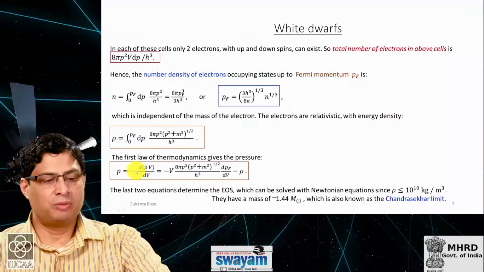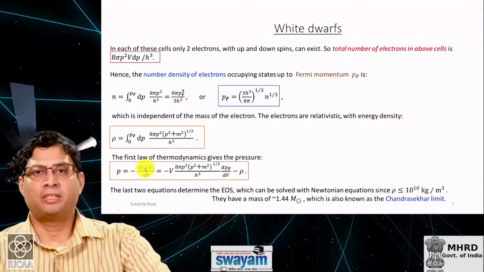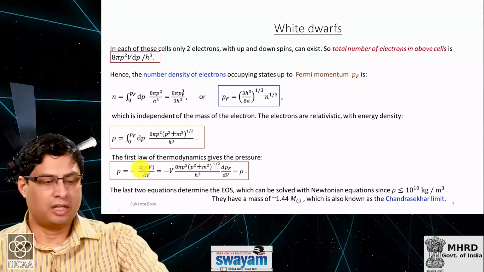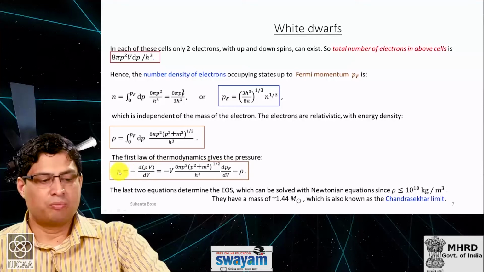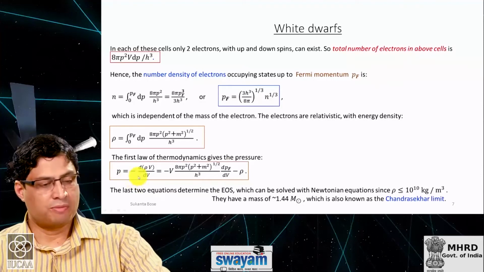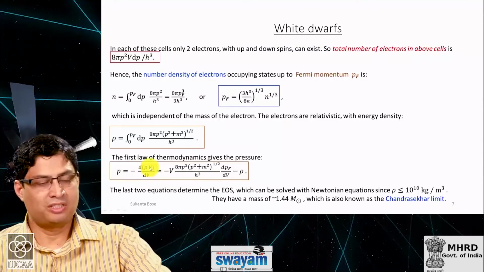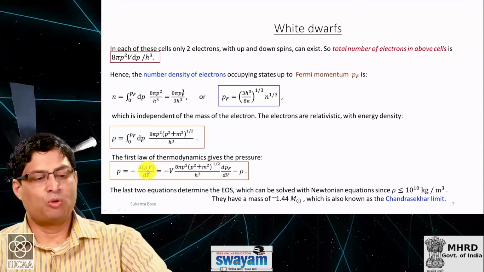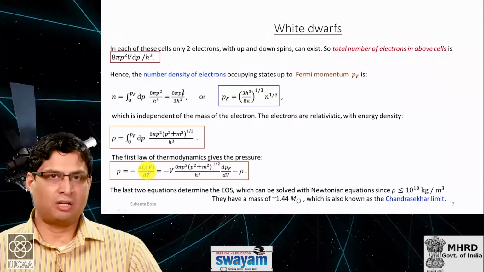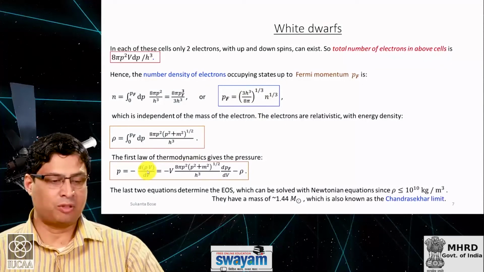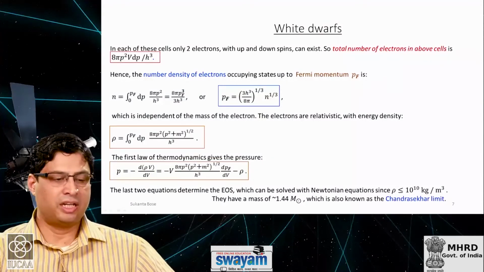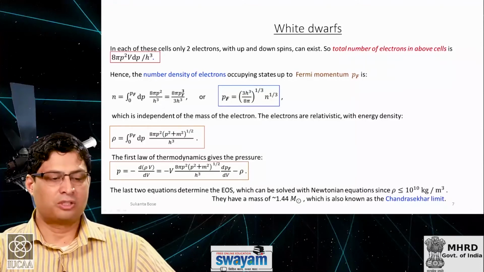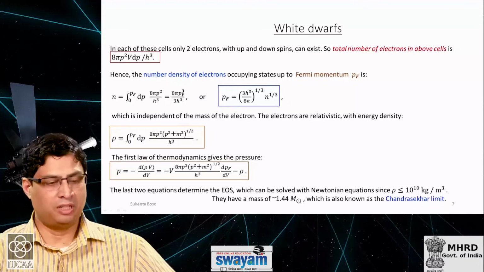Now the first law of thermodynamics tells us that if there is no change in entropy, then P dV should be compensated by the change in heat. Rather, sorry, I am assuming that there is no heat being supplied to the star or escaping the star. Under that approximation, the change in the internal energy of the star, that is d rho v, has to be compensated by the work done by the star, P dV.